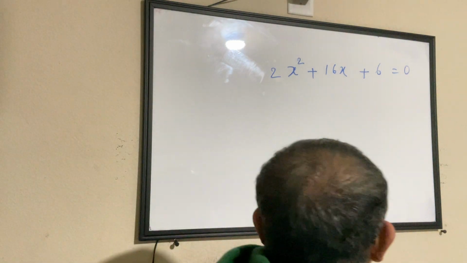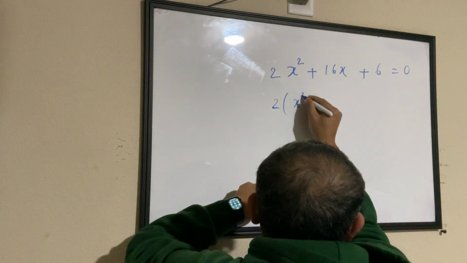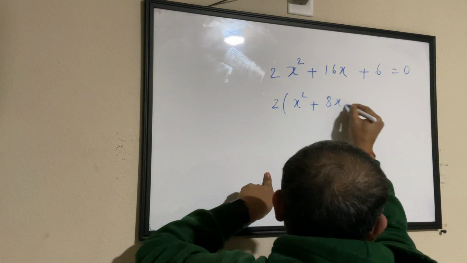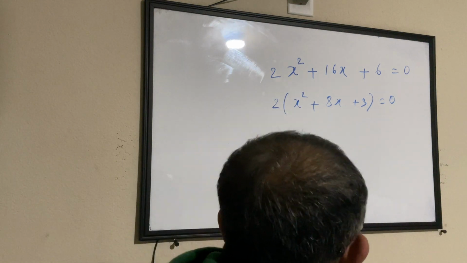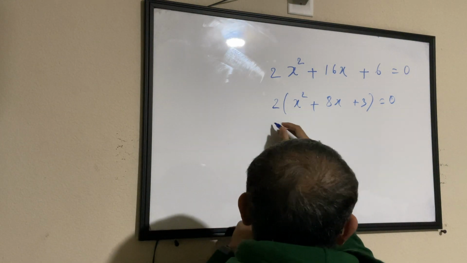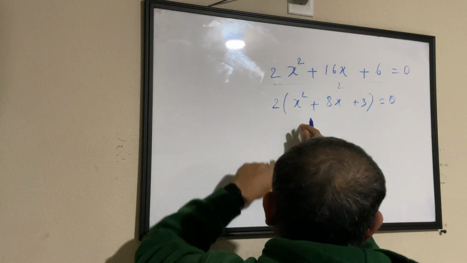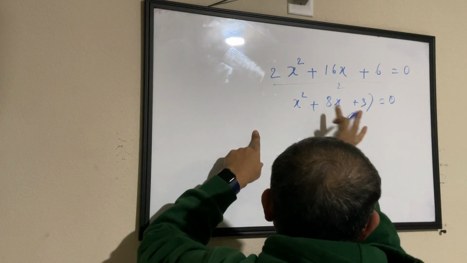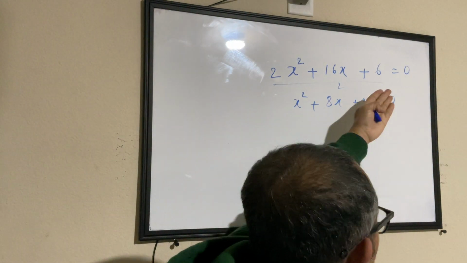So the first thing I'll do is take the common things out. I'll simply divide the whole thing by 2 because I see that 2 is common. So I'll simply divide the whole equation by 2, and that doesn't change my outcome.